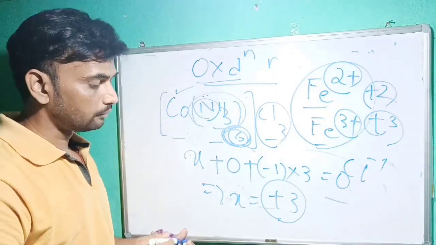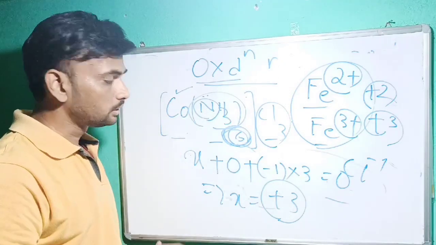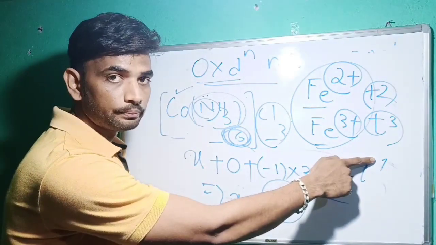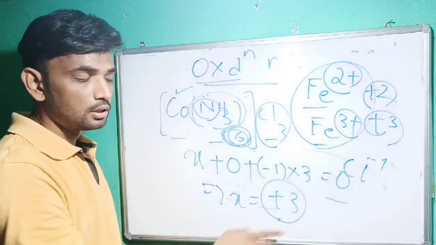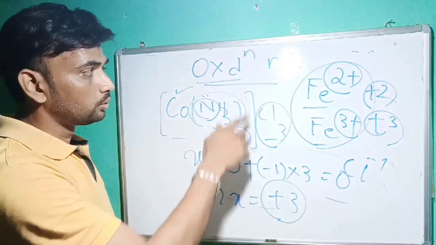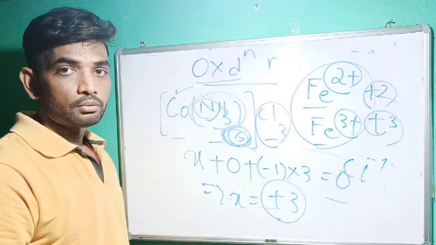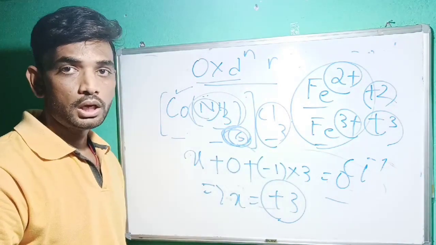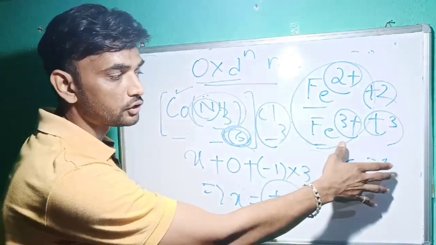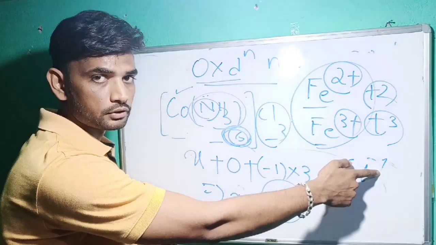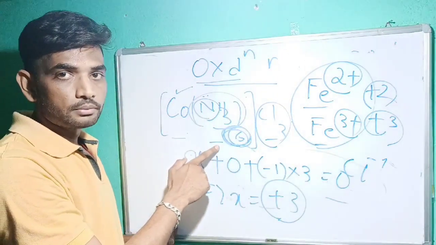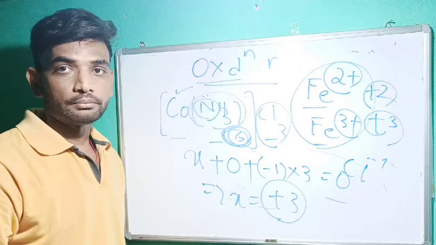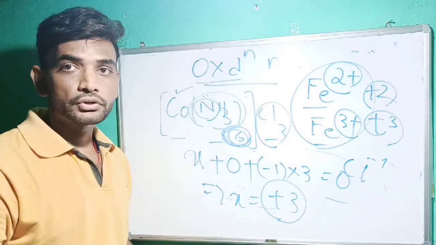The definition of the oxidation number is the charge an atom appears to have when it associates into compounds or dissociates into ions, whether it is negatively or positively charged. This charge is known as the oxidation number.